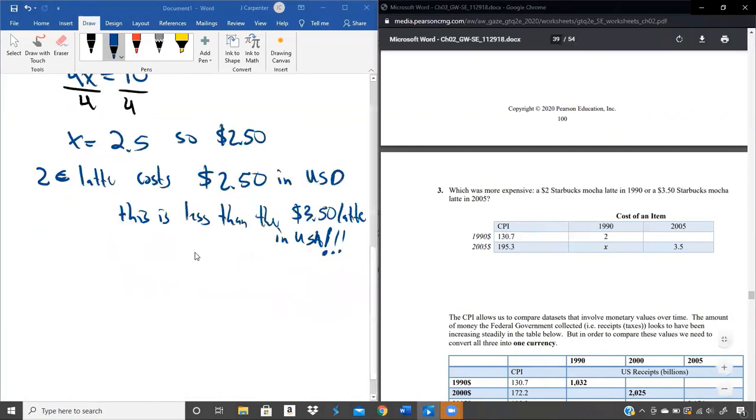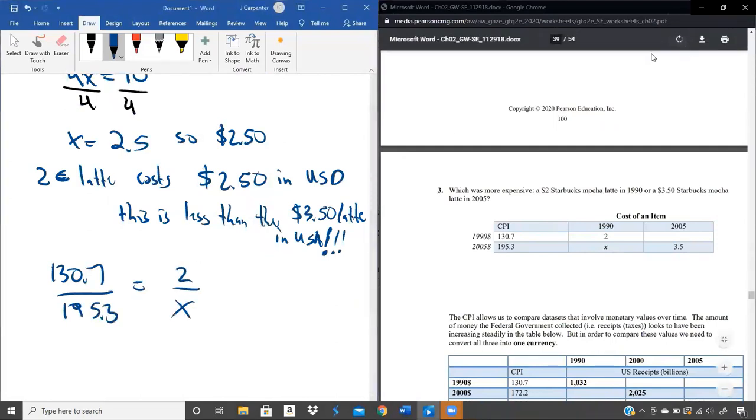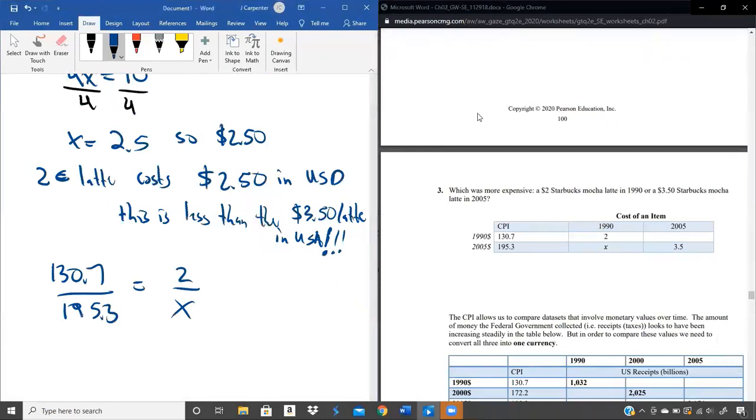So we're taking the 130.7 over the 195.3 equals 2 over X. Now, remember, the proportion that I set up, I don't have to set it up this way.